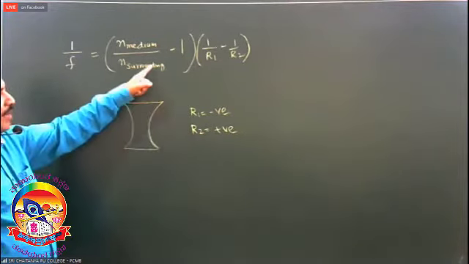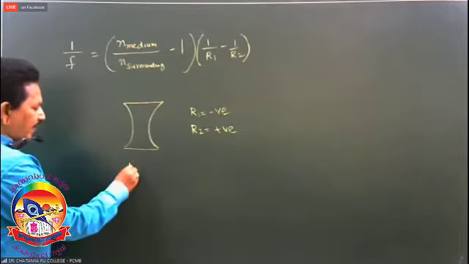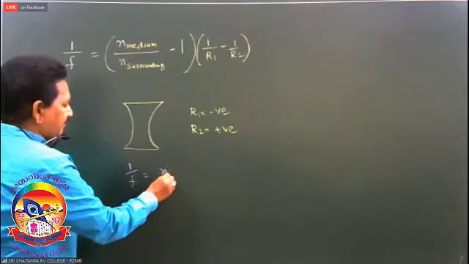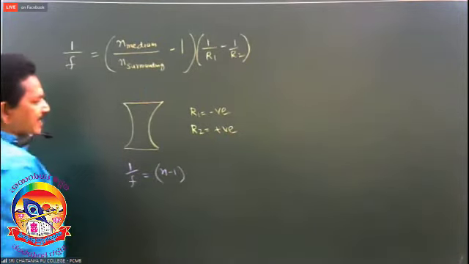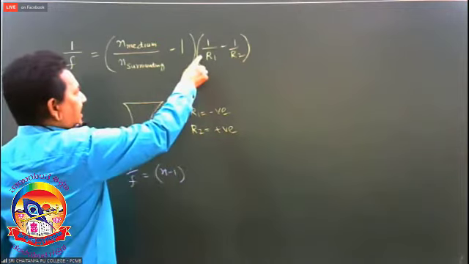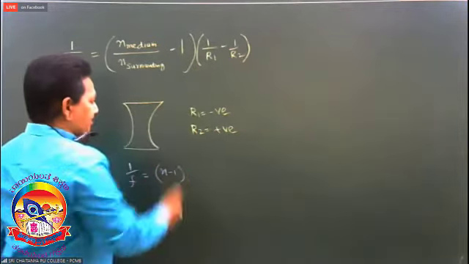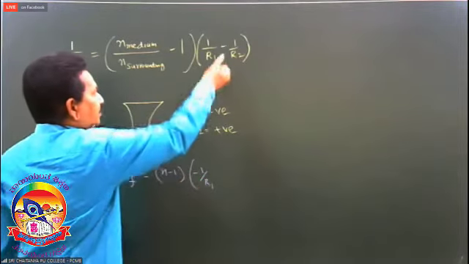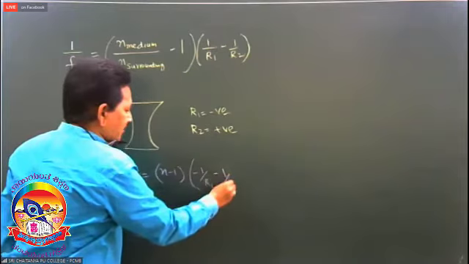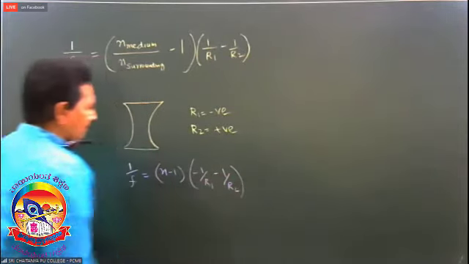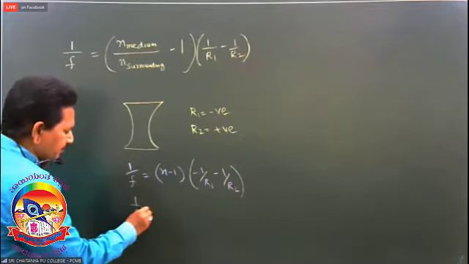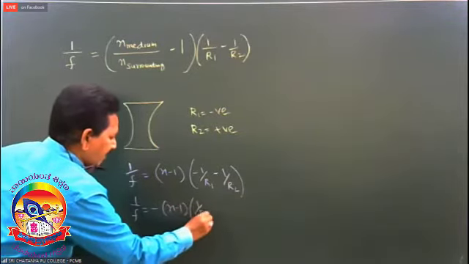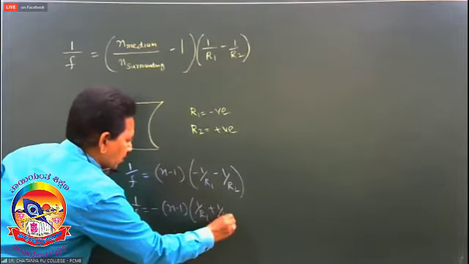Substitute in the main formula. 1 by f is equal to (n minus 1) into (1 by R1 negative, R2 positive), that is, minus 1 by R1 minus of minus 1 by R2. So 1 by f is equal to minus (n minus 1) into (1 by R1 plus 1 by R2).